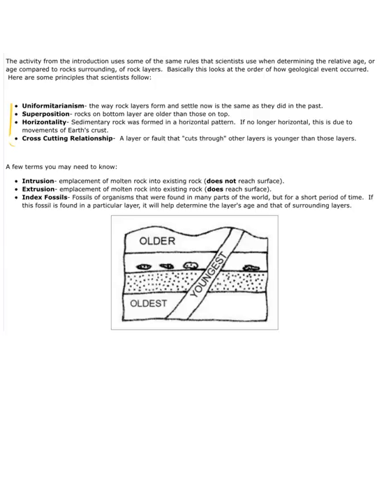Uniformitarianism, superposition, horizontality. That just means that sedimentary rocks are formed in a horizontal pattern. Before they're rocks, they're sediment, they're sand, they're silt, they're gravel that are carried by water, wind, ice, whatever is doing the transporting and depositing.